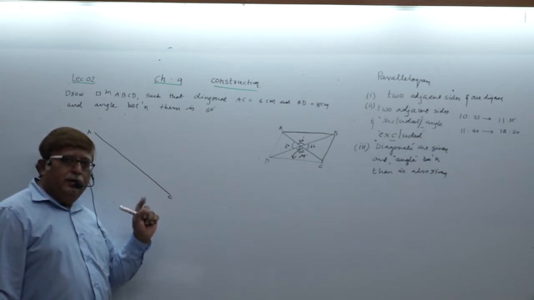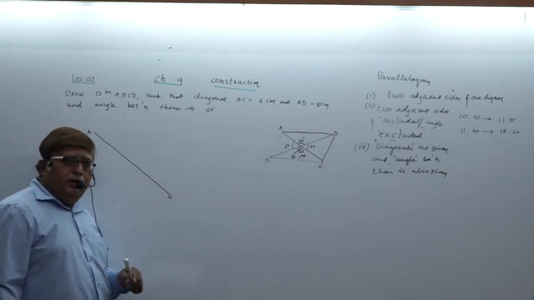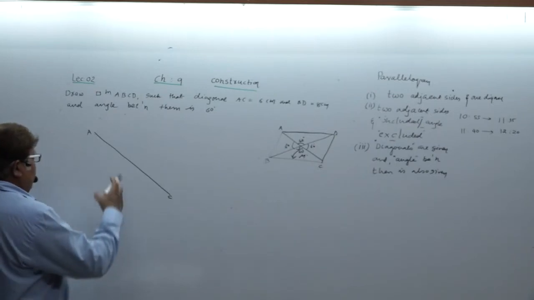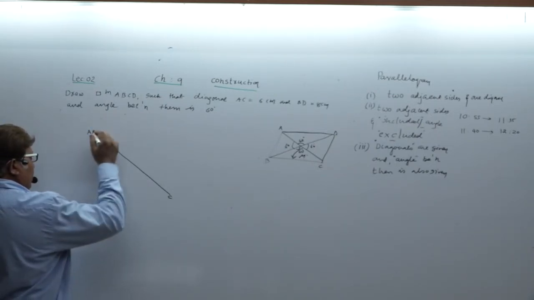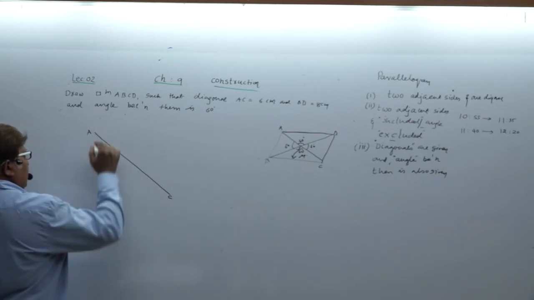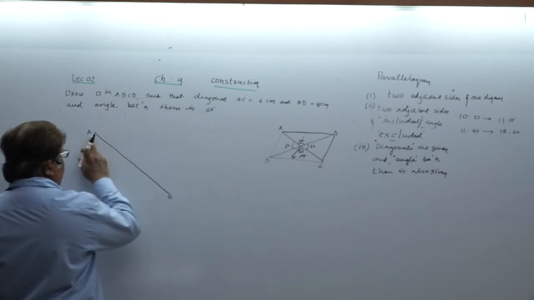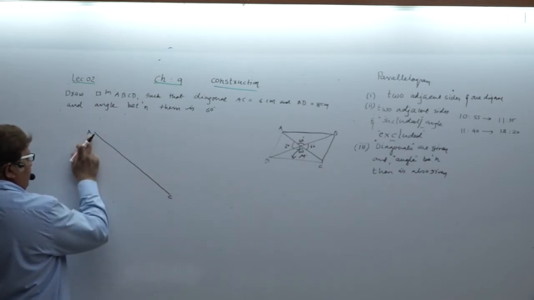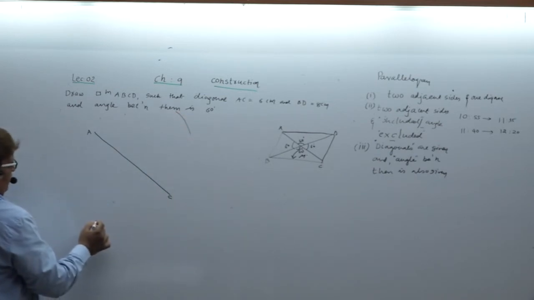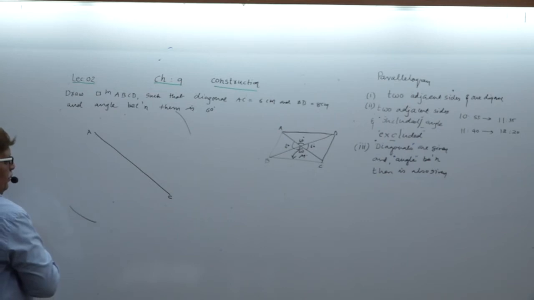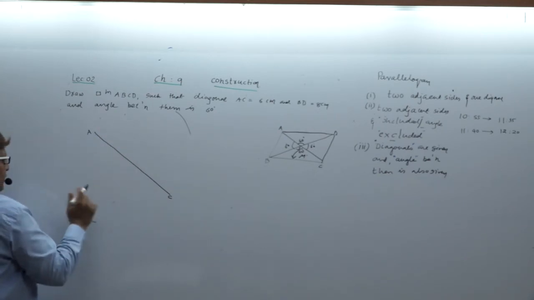Now our target is to get the midpoint of diagonal AC, and for that purpose please take radius of AC, center your compass at A, and draw one arc here and one arc here. One arc in that half plane, one arc in this half plane.